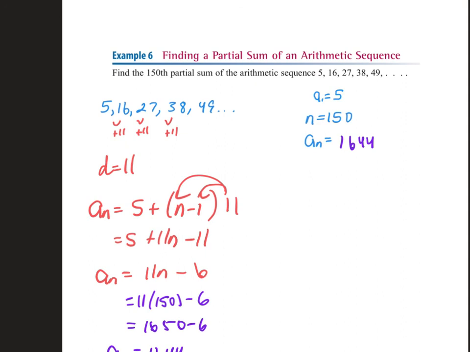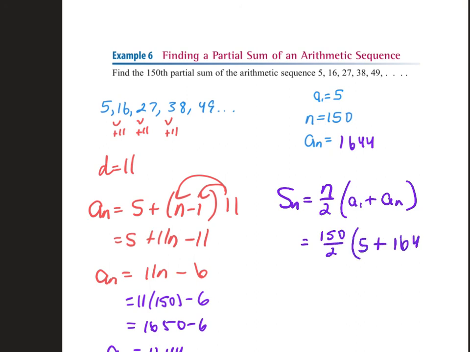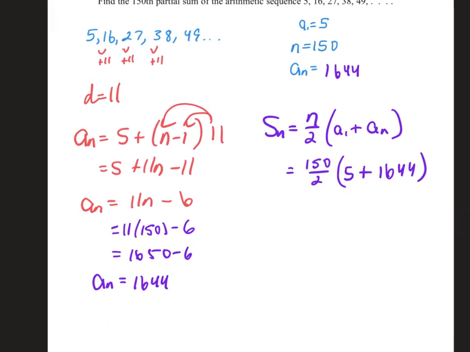So now I can find the sum. The sum would be n over 2 times what? a sub 1 plus the last term. So I did 150 terms, divided by 2, times 5 plus 1644. What's 150 divided by 2?